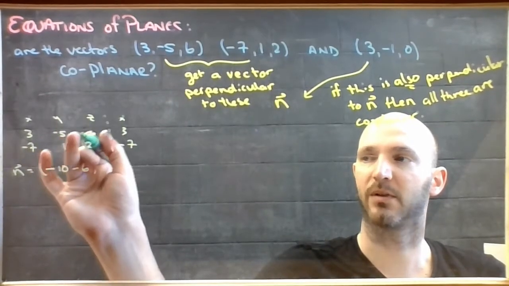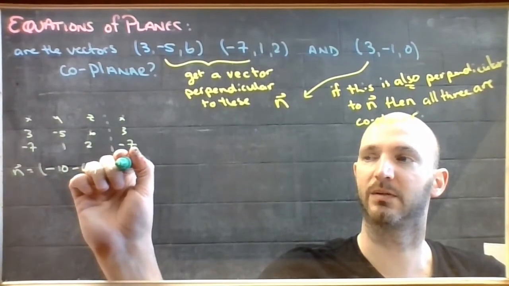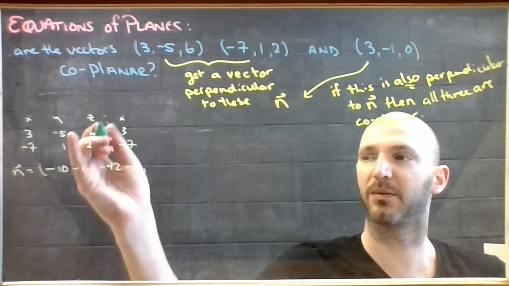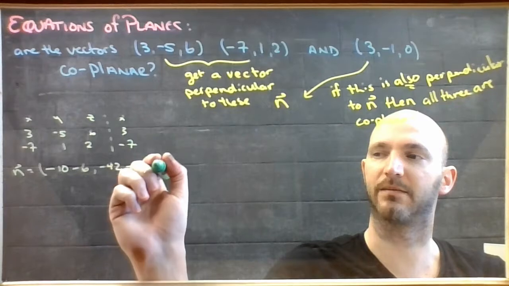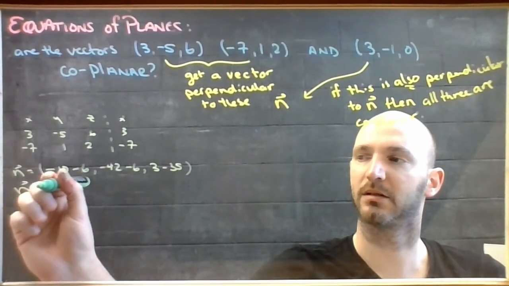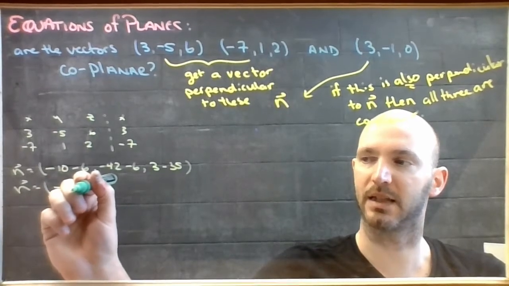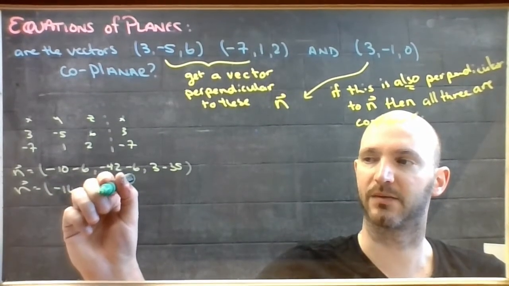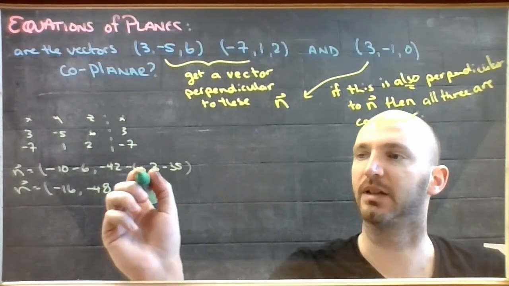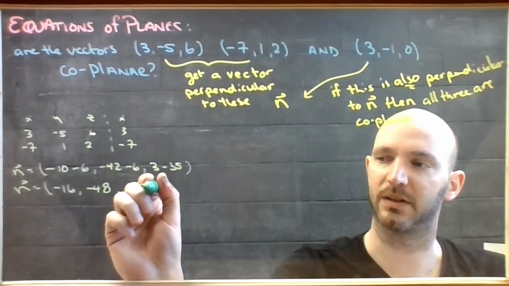To get my y coordinate would be -42 minus 6, that's -48. And to get my z would be 3 minus 35, which is -32.